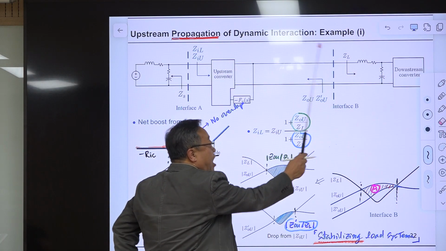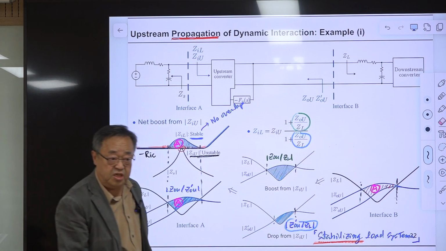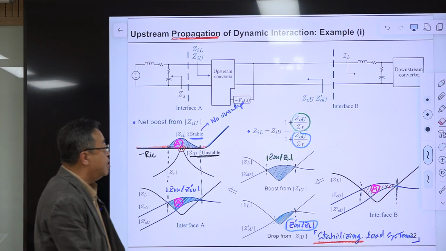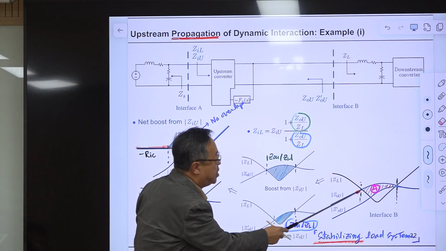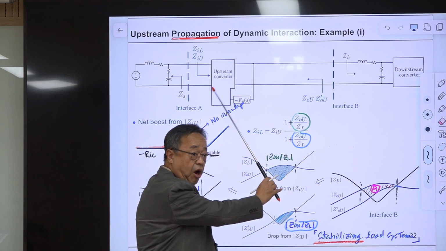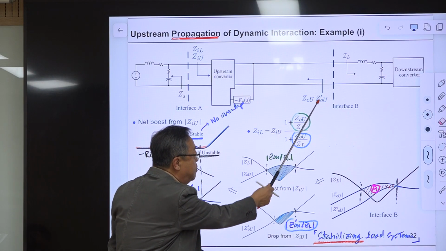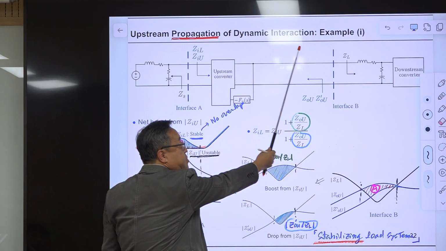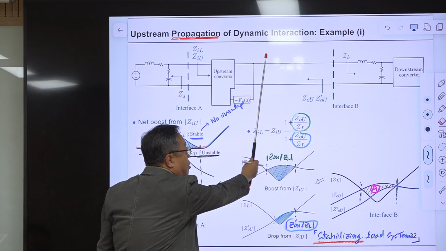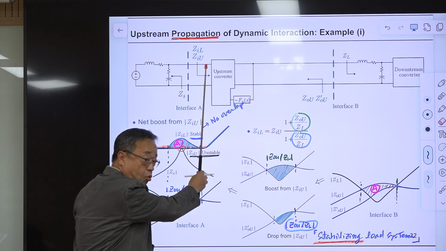Now we are comparing impedances at this interface, which is denoted as interface B. Assume this is GL, the load impedance, and you have GOU, which is the regular output impedance of the upstream converter, and GOU prime, the output impedance of the upstream converter evaluated with the input port open.